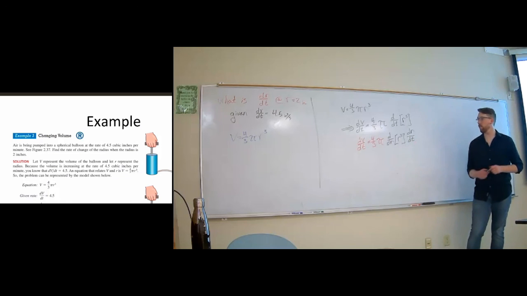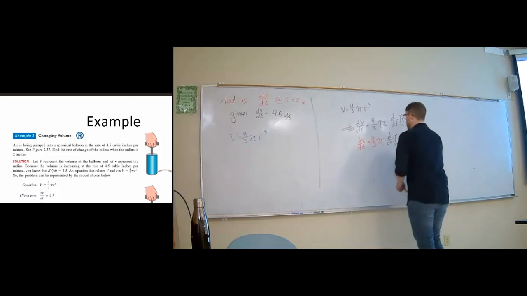This is going to become 3r squared, right? And that's going to stay dr dt.